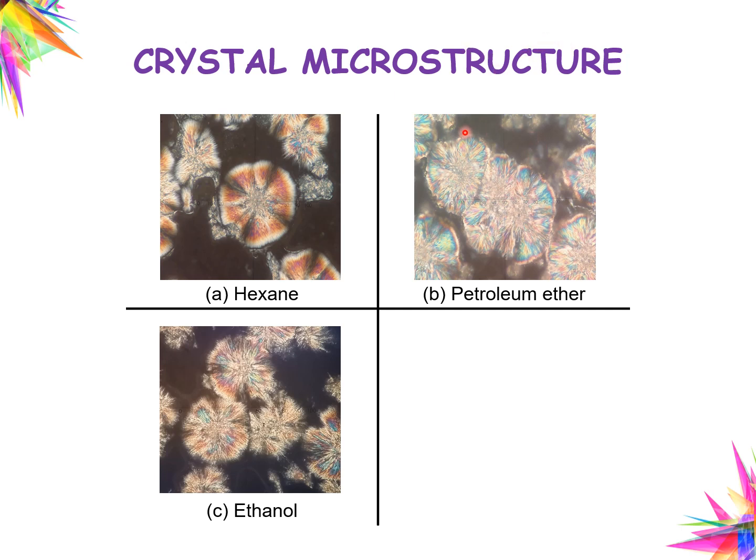And then the spherulitic structure for the petroleum ether was disrupted after the exposure to the solvent, which makes the structure become oval and compact, as we see here, where the ethanol extracted Bambangan seed fat has smaller crystal structures compared to the hexane and the petroleum ether.